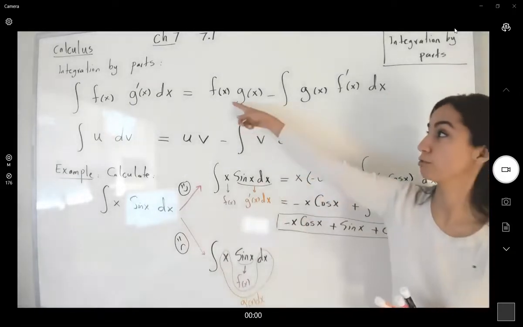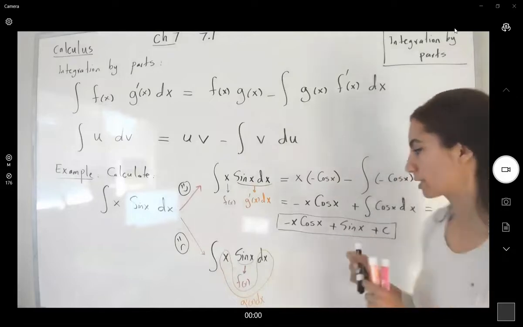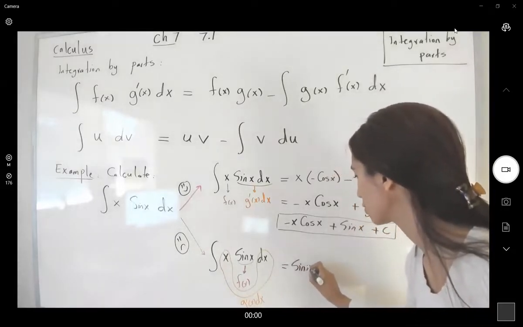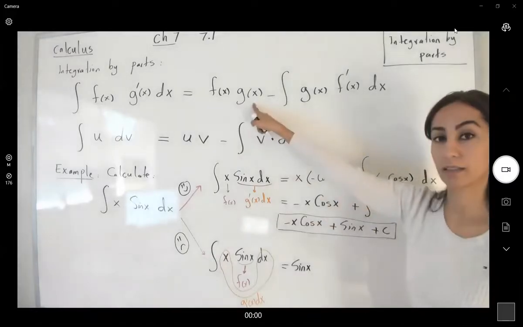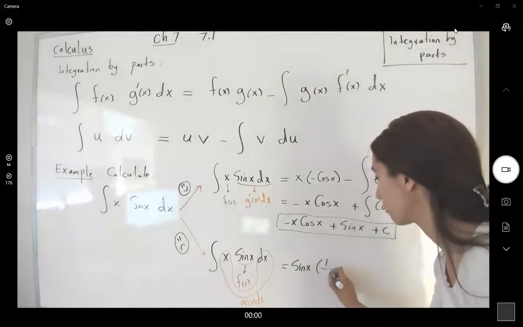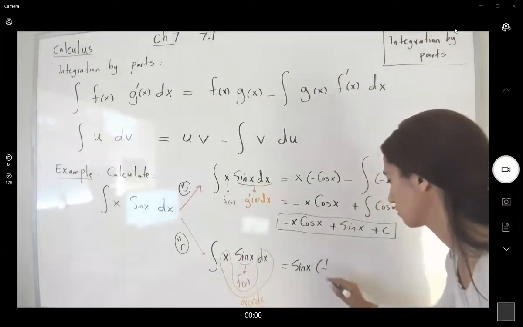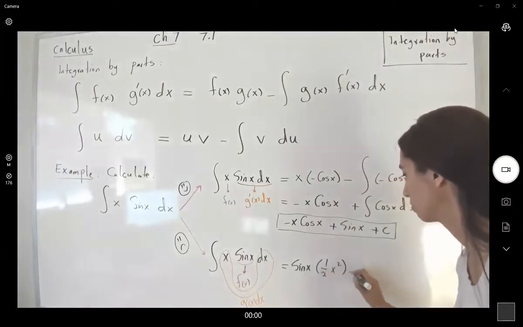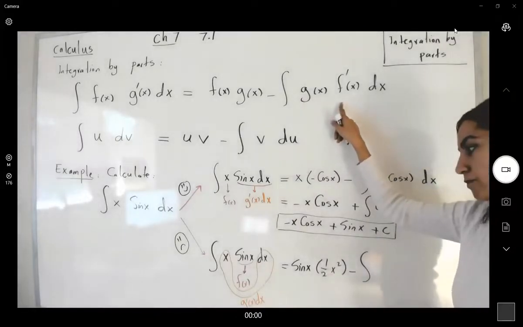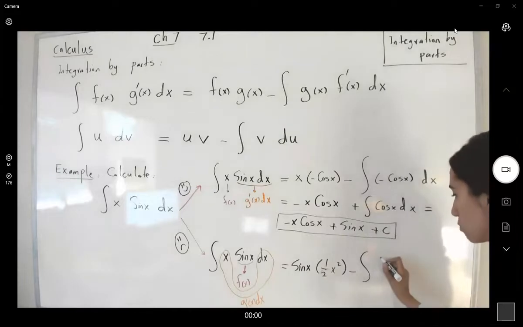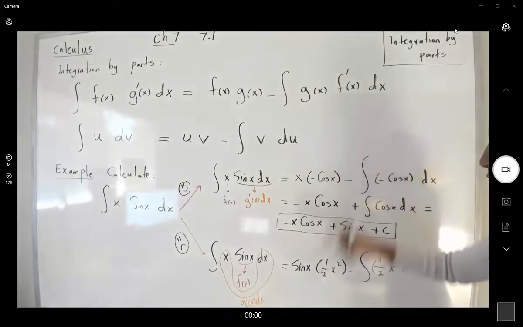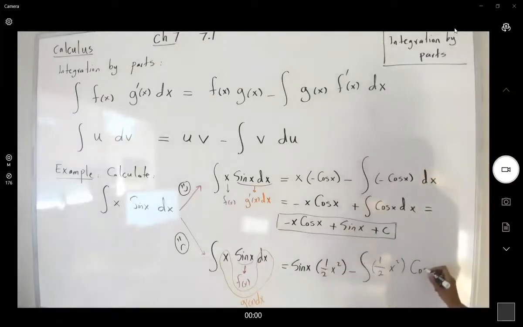So if you follow the formula, you have f of x times g of x. It means that it is now f of x, which is sine of x, times g of x. G of x is the antiderivative of x, which is a half x squared. Half x squared minus the integral of g times f prime of x. G is a half x squared times f prime of x, the derivative of sine is cosine.